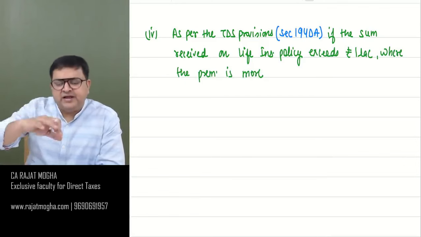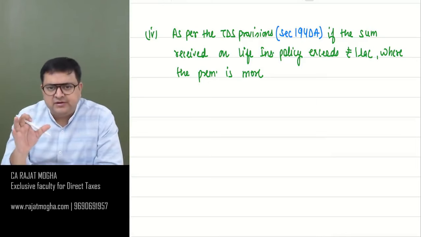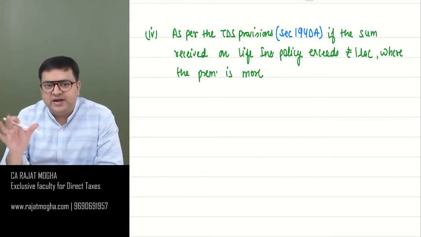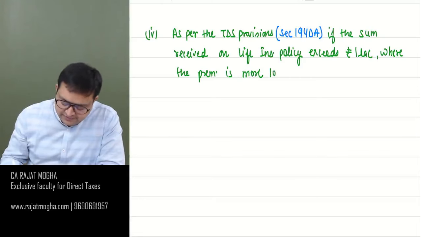I will not write 10, 15 and 20, all three. Here what is applicable is 10%, so I'll be mentioning only the 10% rate. So where the premium is more than 10% of sum assured.